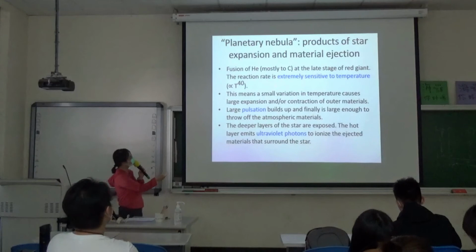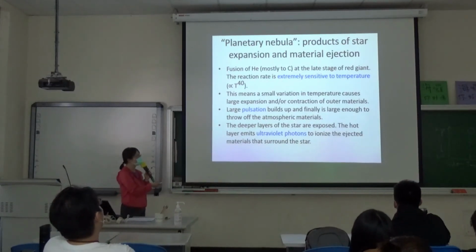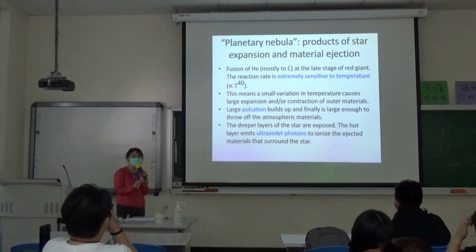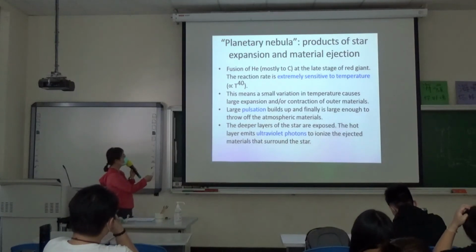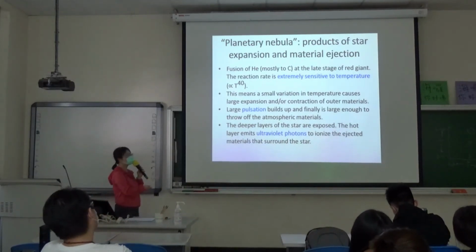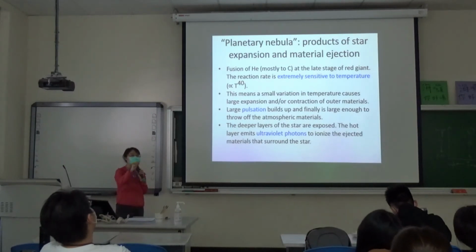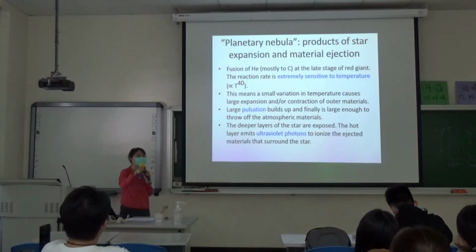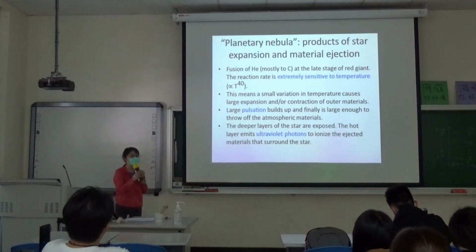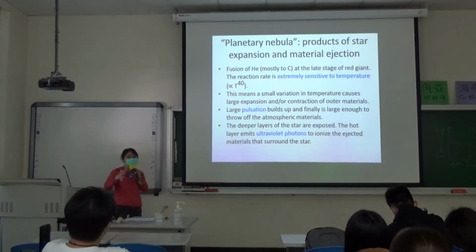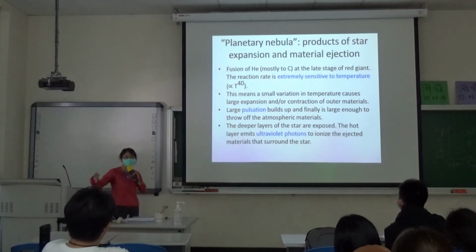the reaction rate is extremely sensitive to temperature. How sensitive? It is proportional to T to the 40th. So you can imagine a small fluctuation in temperature will result in a size change like this, because it's so sensitive to temperature.